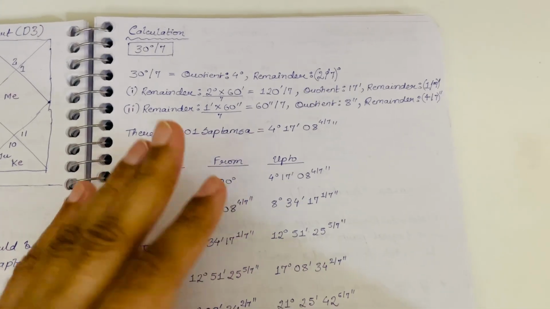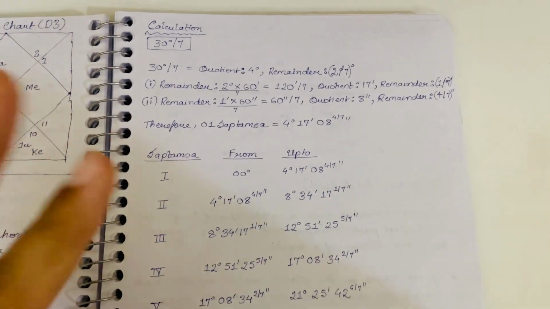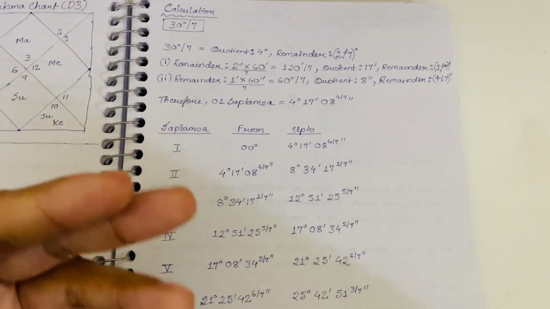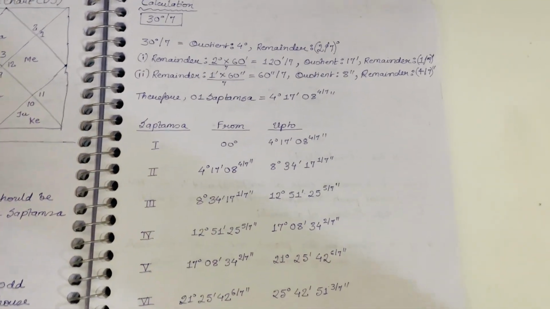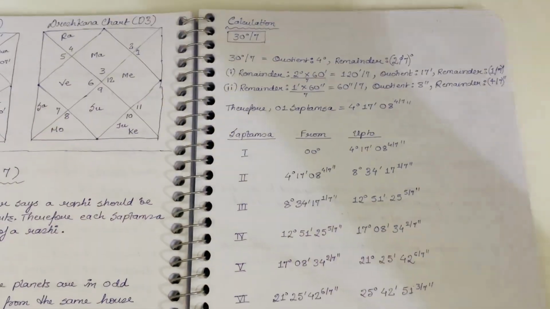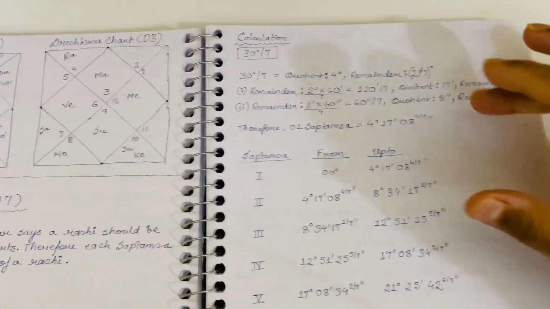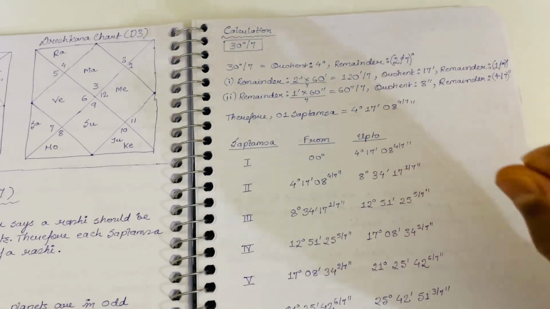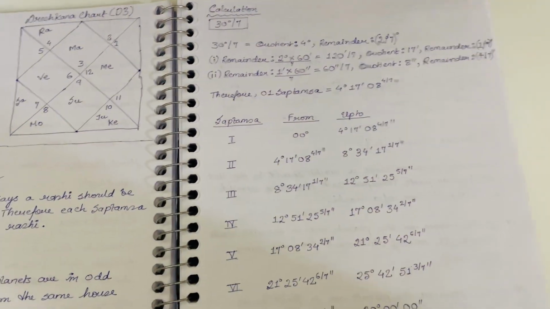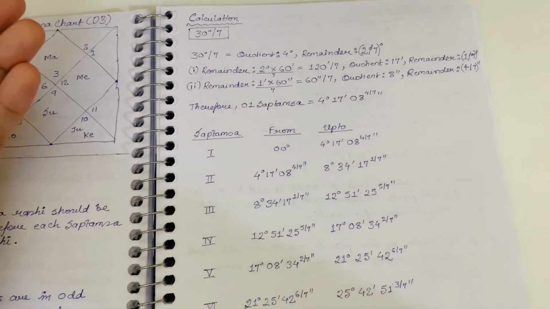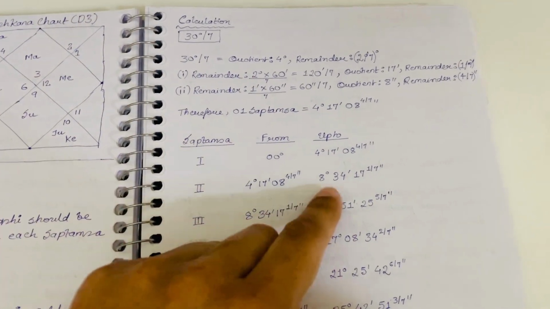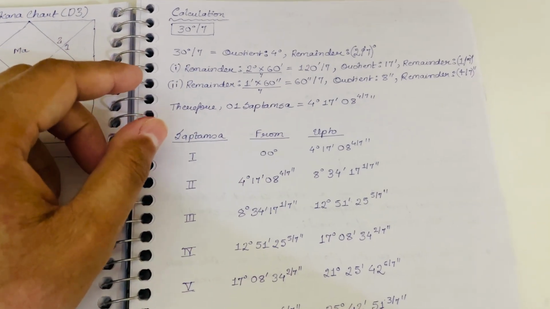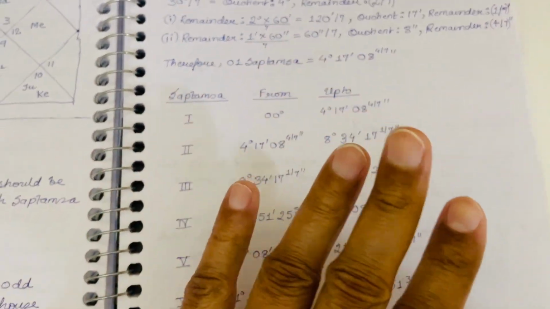Here in Saptamsa, we are dividing 30 degrees by 7. This is the mathematical logic that helps you better understand the upcoming calculations. It is a quotient and remainder kind of calculation, where I can calculate these figures very minutely and accurately. So if I divide 30 degrees by 7, either you can use decimal values, or I have used the remainder and quotient concept, which is why I have written it in this particular way.